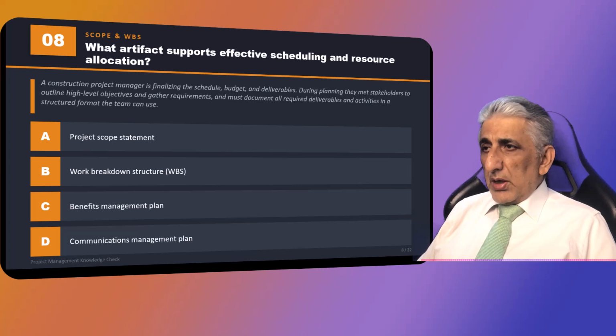This is how we build the timeline. And this is how we know how to make the schedule based on the information we get from the work breakdown structure. So the best answer is B.